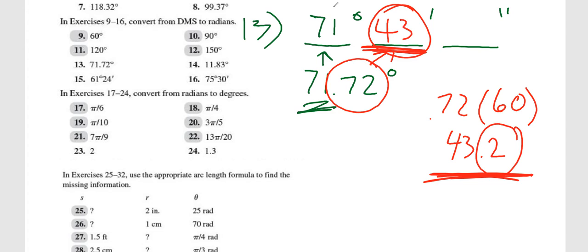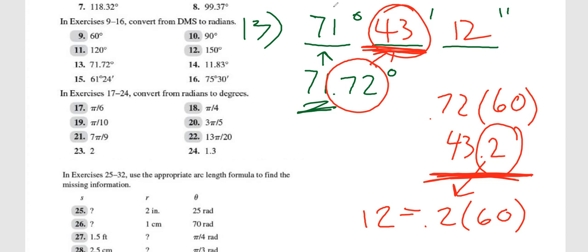And then I take the 0.2, multiply it by 60, which gives me, if only we knew what 60 divided by 5 was. 12. Thank you very much. So that's what we do. Basically just 2 steps.